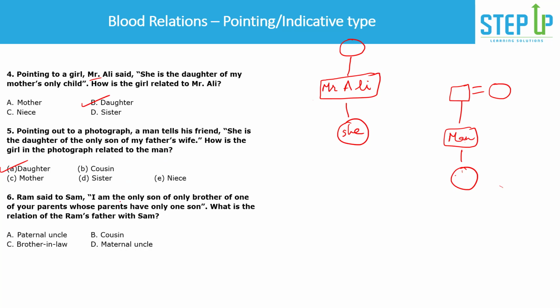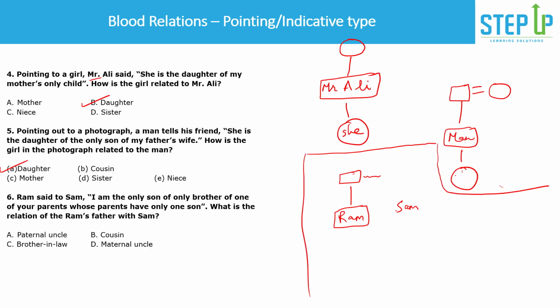So he says Ram said to Sam, I am the only son. Okay, that means male. Ram says, I am the only son of only brother of one of your parents. Okay, so see here who is talking here. So this is a question phase.